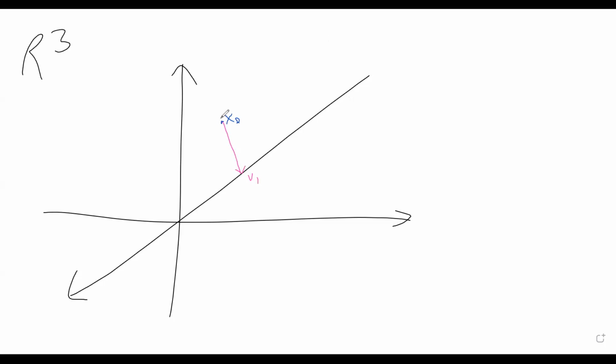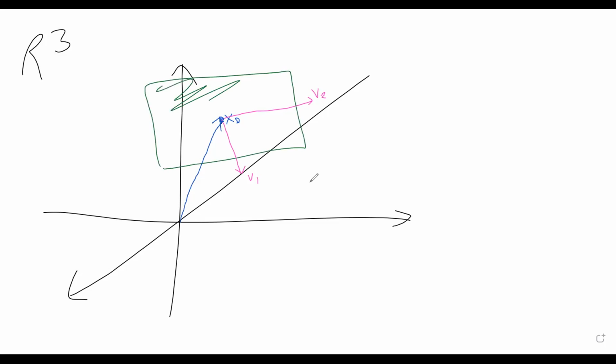That's the point x naught. You can draw the vectors v1, v2, which are non-collinear, meaning they can't be put in any particular line. And you have this point x naught, a vector going from the origin to this point. That's one way to describe it. And you want to talk about the plane through that point x naught and parallel to those 2 vectors. It's just a plane that looks like this.